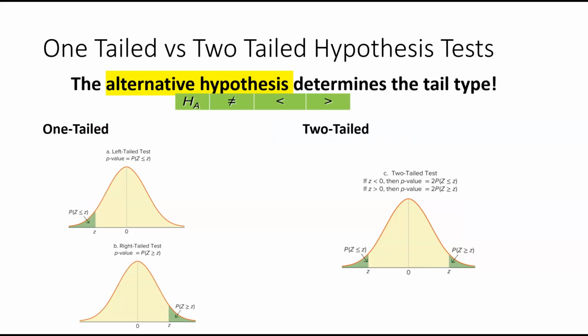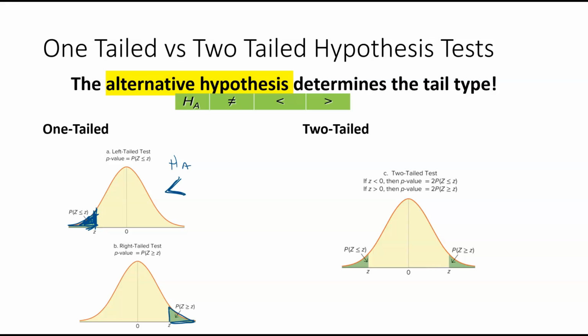So there can be a one-tailed versus a two-tailed test, and the alternative hypothesis determines the tail type. So we always look to the alternative hypothesis to determine the tail type. If you have a one-tailed test going in this direction, we would call that a left-tailed test, and the alternative hypothesis would have this symbol.